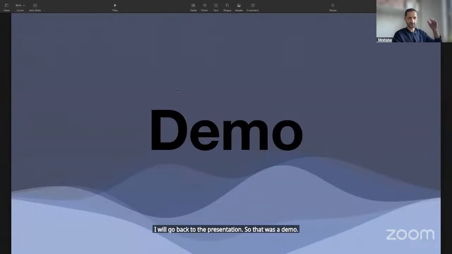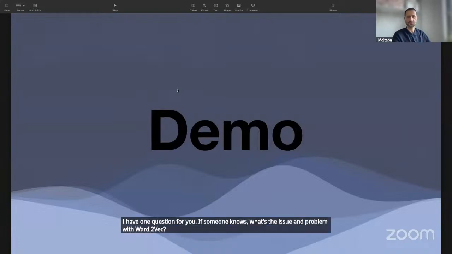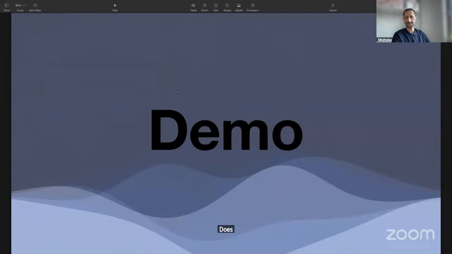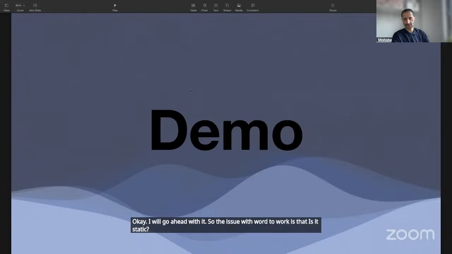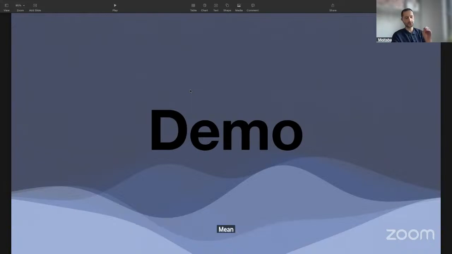I have one question for you. If someone knows, what's the issue and problem with Word2Vec? Does anyone know? No? Okay, I will go ahead. The issue with Word2Vec is that it's static, meaning that for each word we have one vector representation.